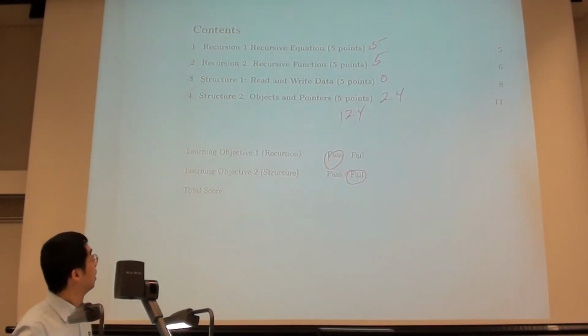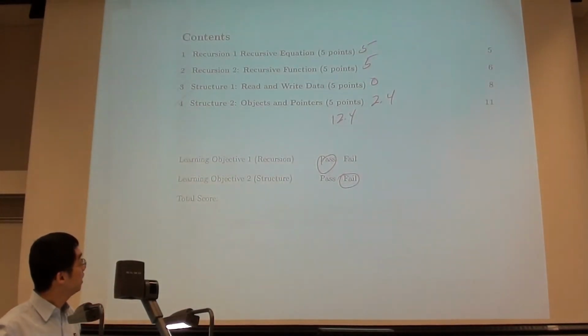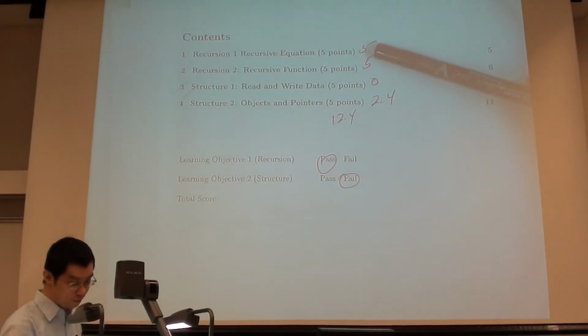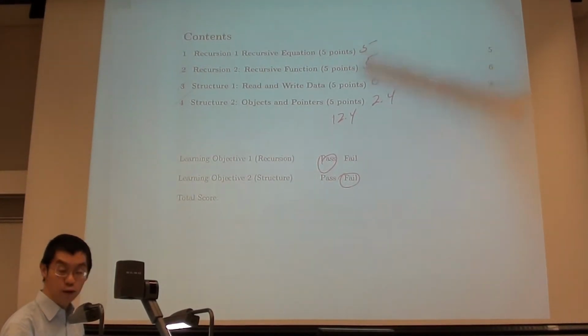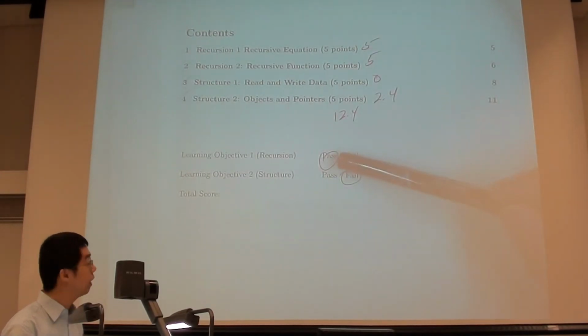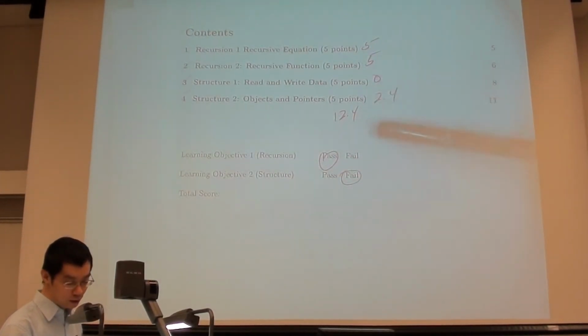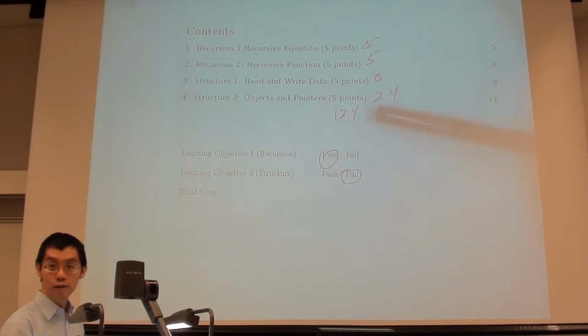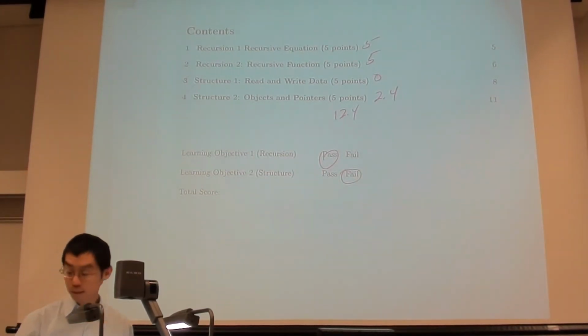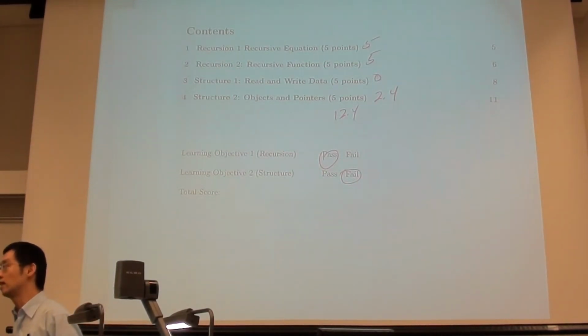If you get 5 points or more in the sum of the first 2 questions, you pass the first objective. You add the sum of these 2 questions, and if you get 5 or more, you pass the second objective, and you will show up again in the next exam.